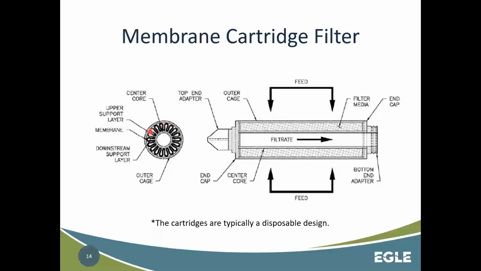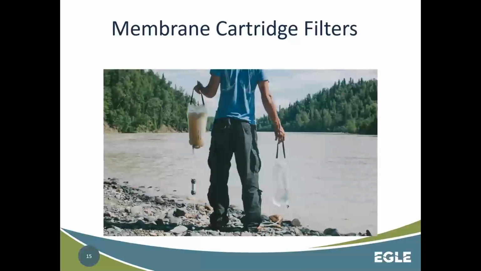It's a pleated fold that goes along here, and the water just works its way through that. And these are common, like I said, in refrigerators. I actually have one of these for camping. You have your dirty water here and just flows by gravity. It's got one of those cartridge filters there, and then you got your clean water here.